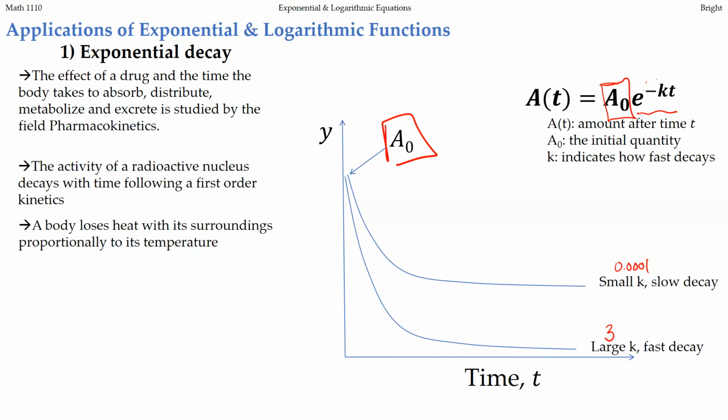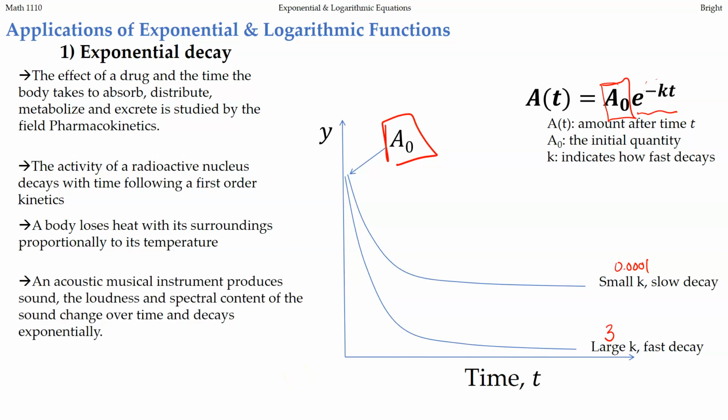Heat loss certainly is exponential decay. In music, when you pluck a string of a guitar, the loudness of that is going to decay over time. And lastly, fluorescence of a compound: how brightly things glow over time is going to decay exponentially as well.